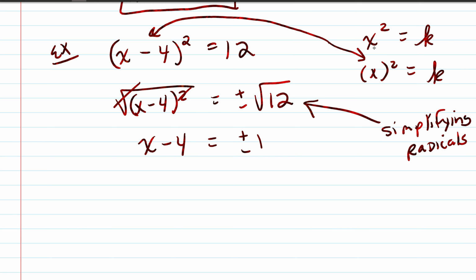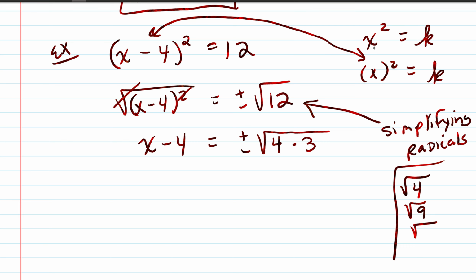So the largest perfect square that goes into 12 would be 4, and it goes 3 times, right? Just to refresh your memory, all of these perfect squares: 4, 9, 16, 25, and so on. The largest one that goes into 12 evenly is 4. 9 goes into 12, but not evenly, so we used 4. So 4, and it goes 3 times.